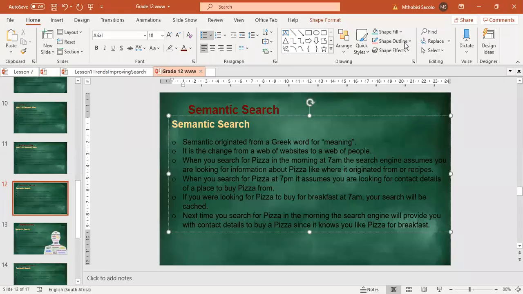So the first thing that I want to do is explain semantic search.